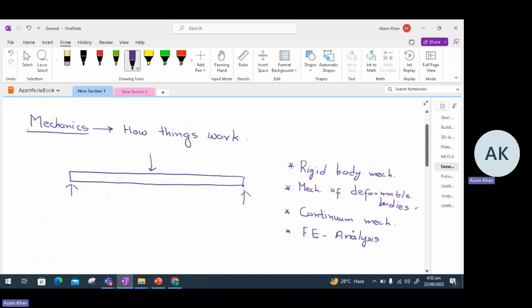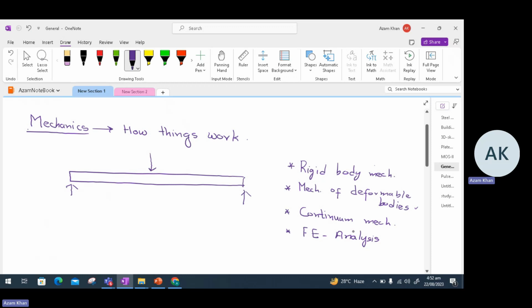So a subtle difference between mechanics and structure exists. As I said, structure analysis is the response of the global member. A structure, which is a combination of different components subjected to some loading, and structure analysis deals with the analysis of a structure.